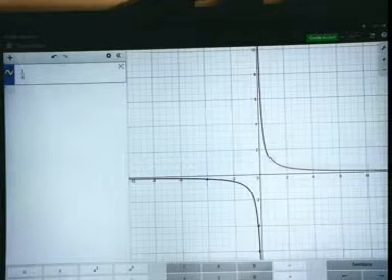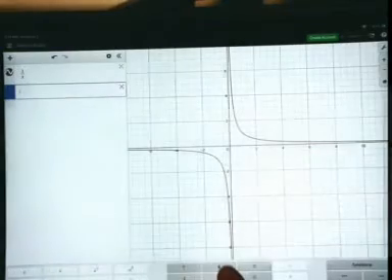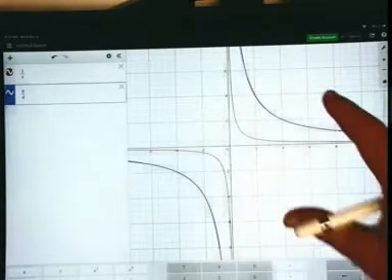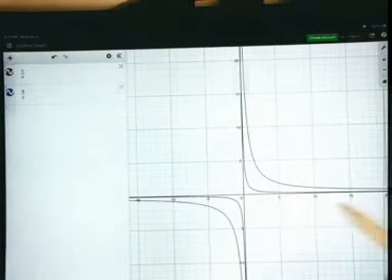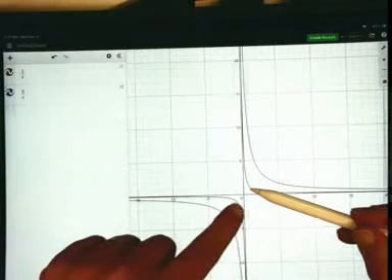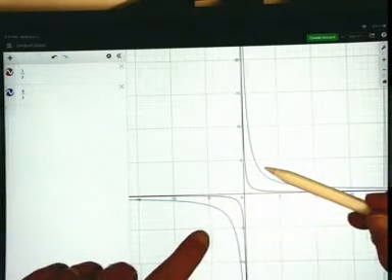They make so much better graphs. 1 divided by x. So there's your graph of 1 divided by x. But if we do 8 divided by x, there, can you see it? It's basically, you're just taking 1 over x and you're pulling it out this way.